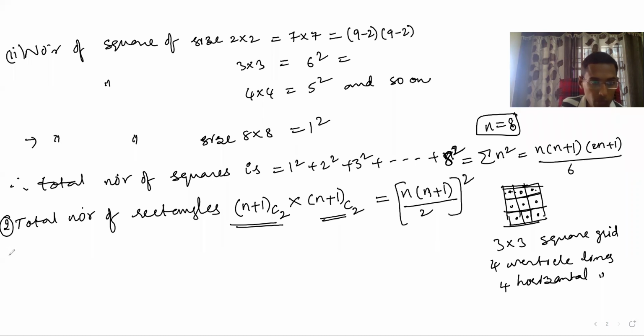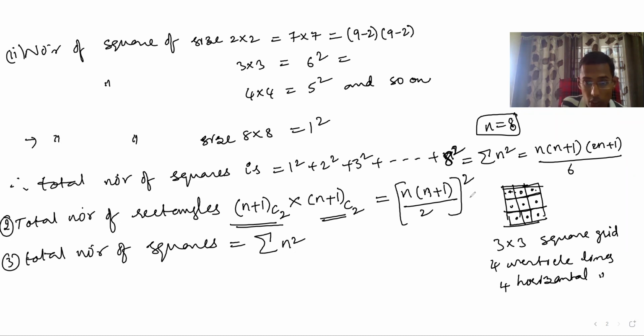Now, next, total number of squares. Total number of rectangles is this. Total number of squares, already I told, is summation n square. And total number of rectangles is summation n cube.